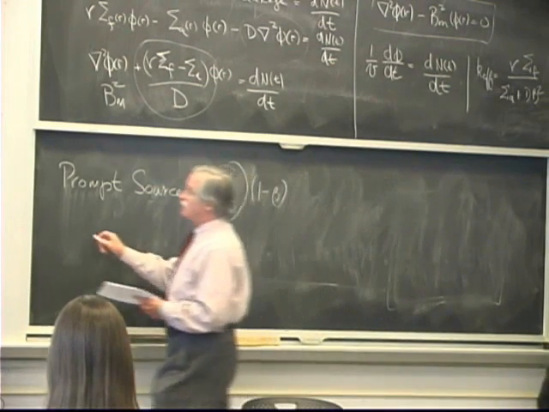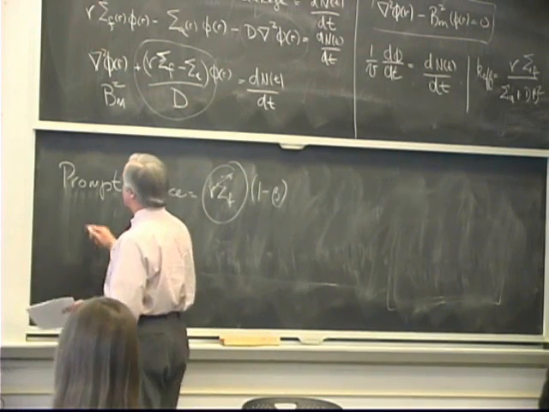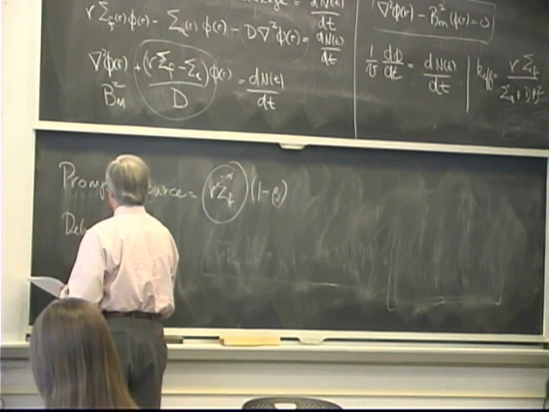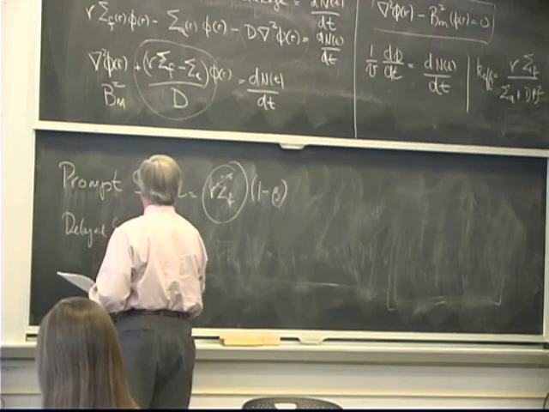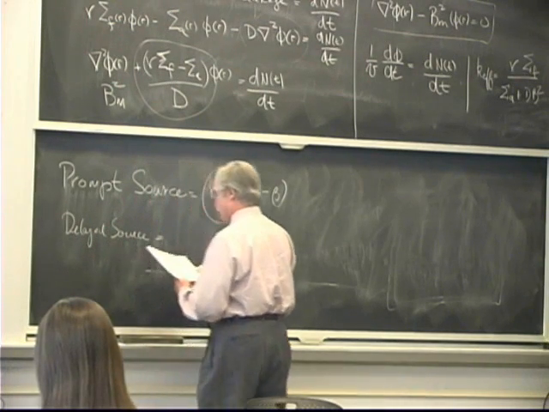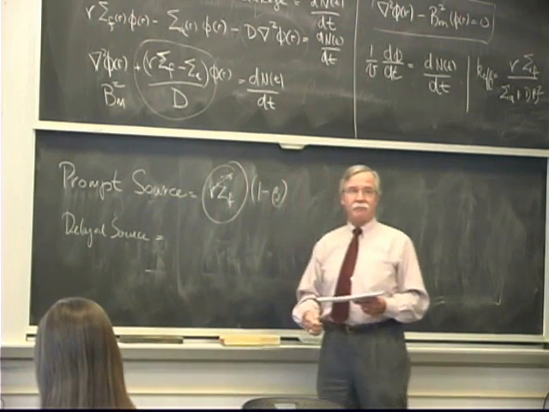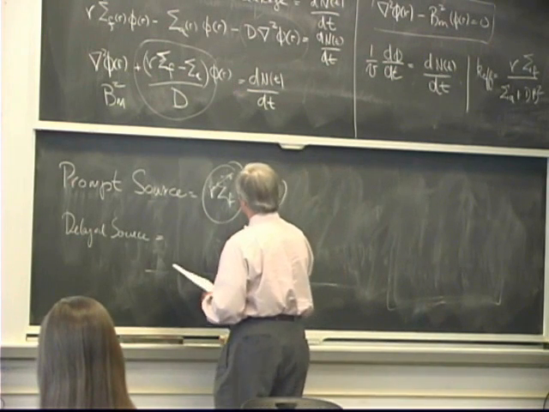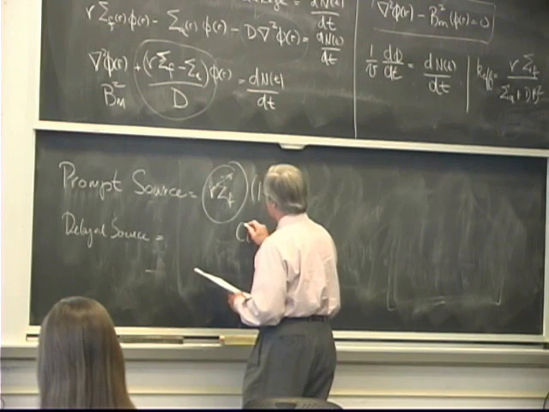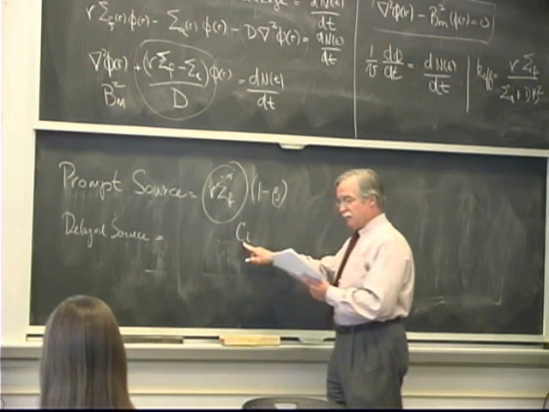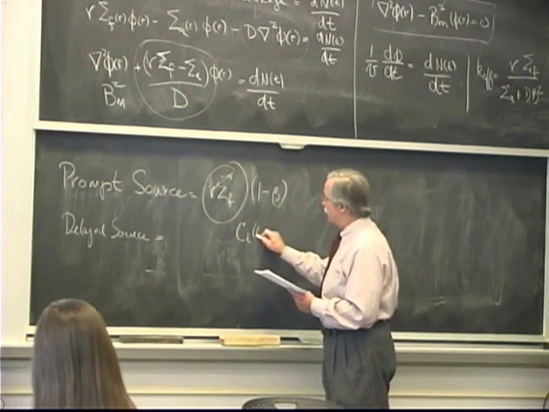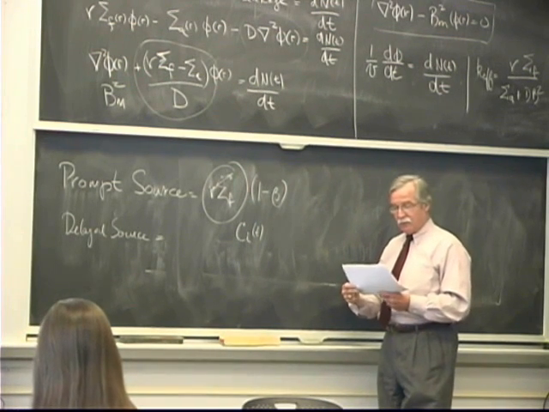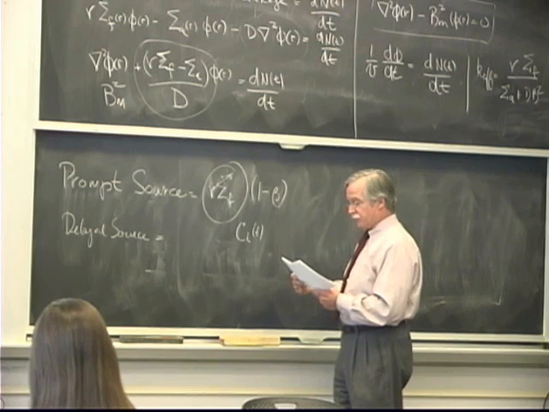And for the delayed source, the next one, what do we have? We have six precursor groups. Let's call them C sub i. And they come out as a function of time.